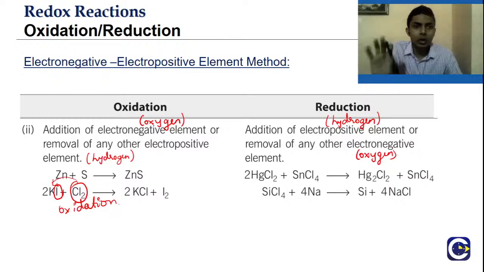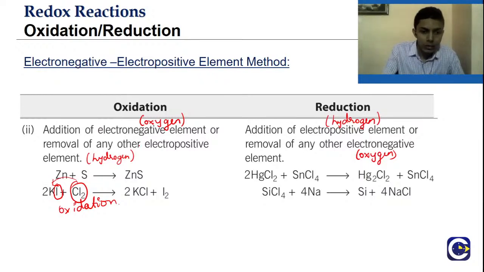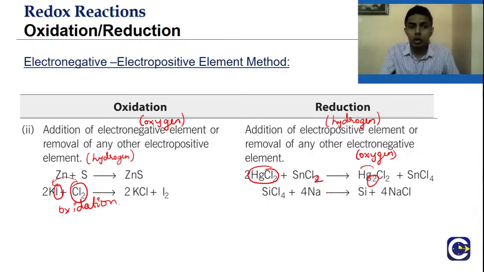If you are adding electropositive element like hydrogen, then this is reduction. As you can see in the first case, this is HgCl2 plus SnCl2. In this case, to HgCl2 I am adding one more Hg. Since I am adding one more electropositive element, this is a reduction reaction, and HgCl2 is getting reduced.